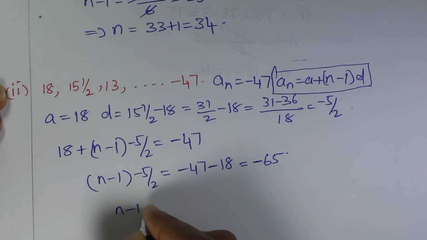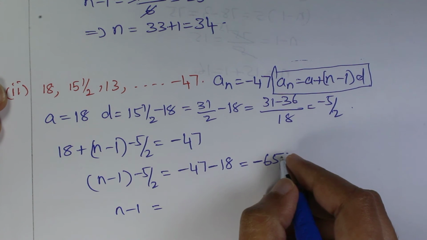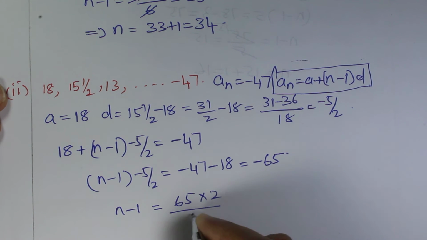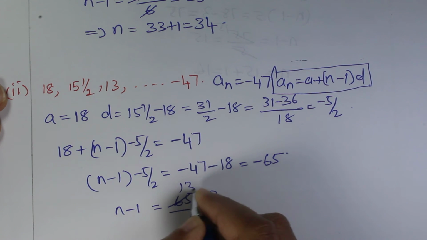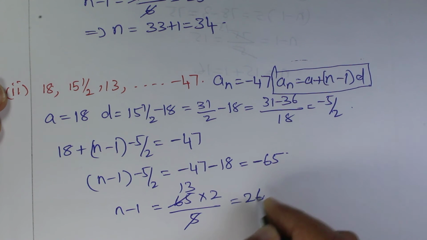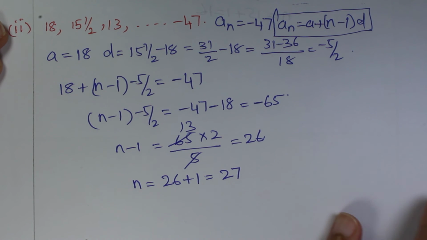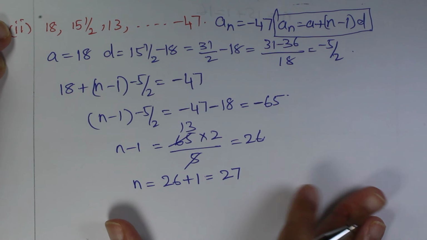So n minus 1 is equal to, the minus signs get cancelled on both sides, 65 into 2 by 5, that is 13 into 2, which is 26. So n is equal to 26 plus 1, that is equal to 27. So how many terms are there in this series? There are 27 terms in this series.